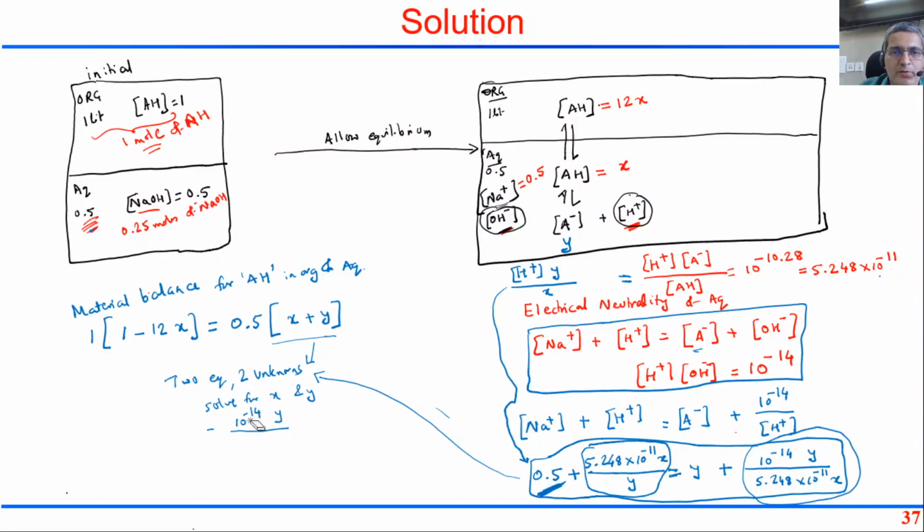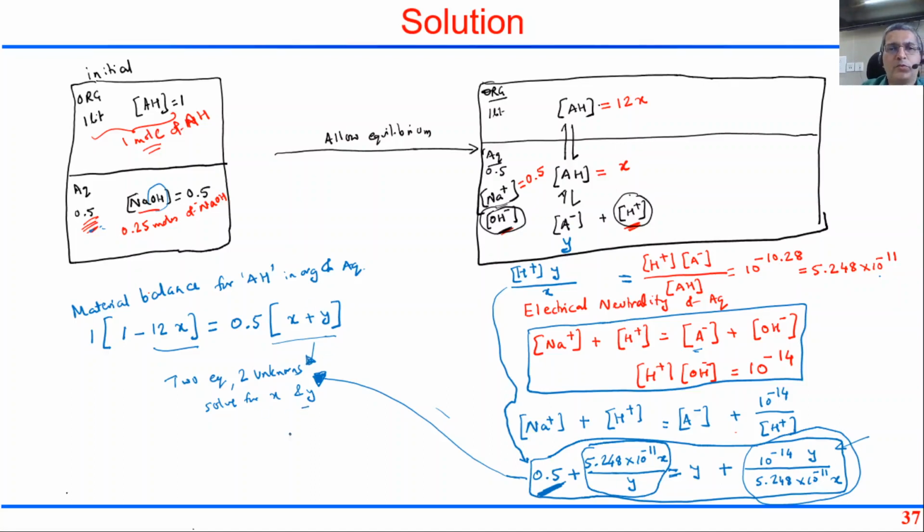It is just this material balance and this ionic product that's going to allow you to find out X and Y. You should not write balance for OH minus, because OH minus ions are reacting. I have 0.5 initially, but I don't have 0.5 moles at the end. Right? They are reacting, so it's not correct to write OH minus ion balance unless I account for reaction.